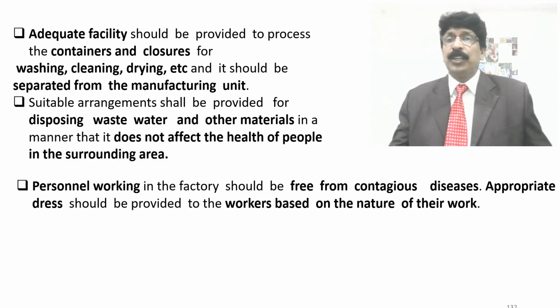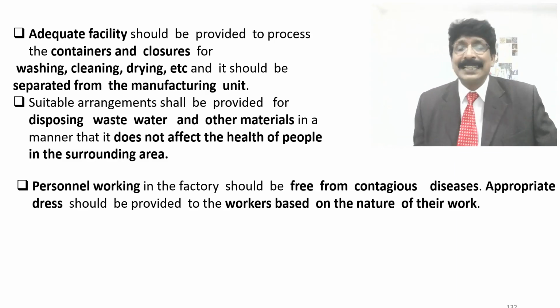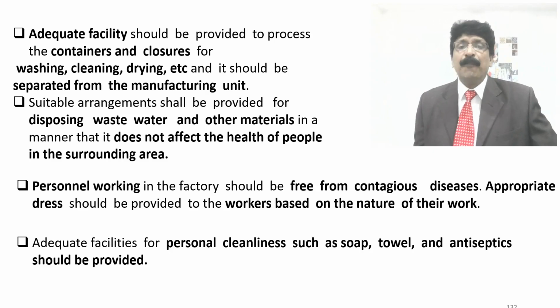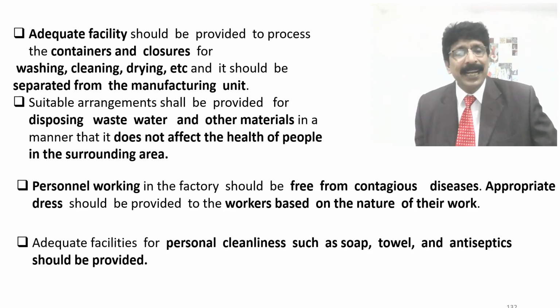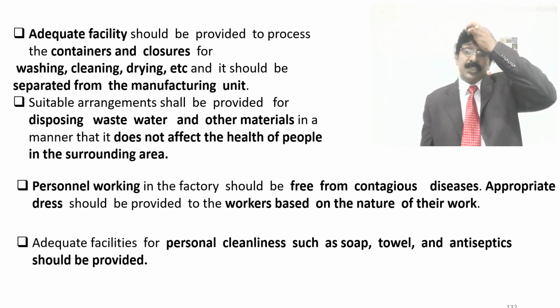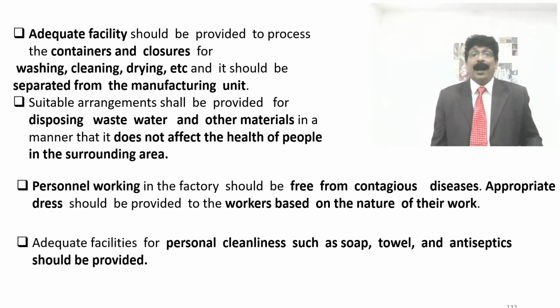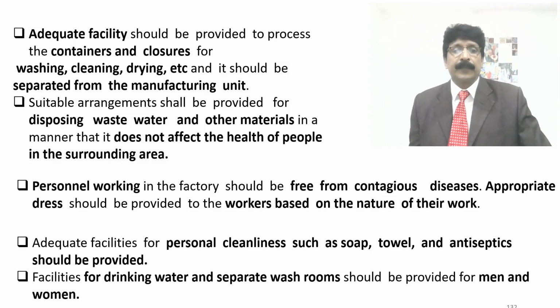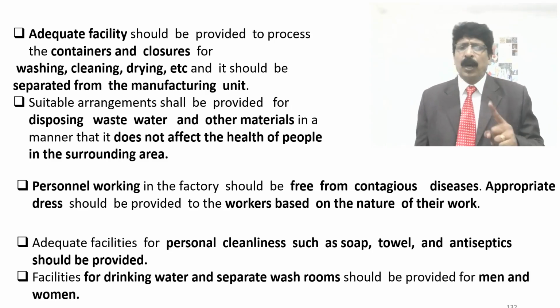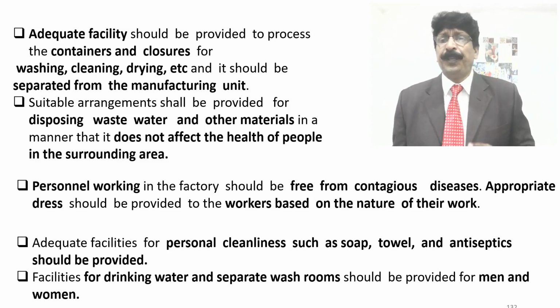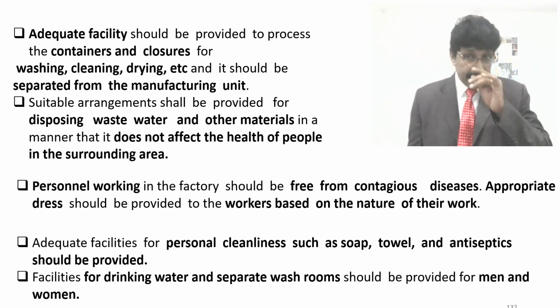According to that, you should give a dress and it should be clean and sterilized. Adequate facilities for personal cleanliness for the employees, such as soap, towel and antiseptic, should be provided in the proper area. And facilities for drinking water, and separate washrooms should be provided for men and women.